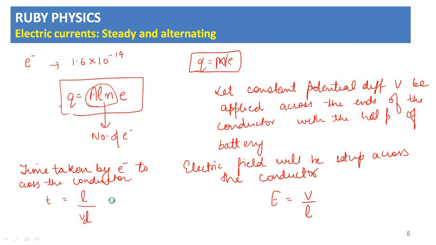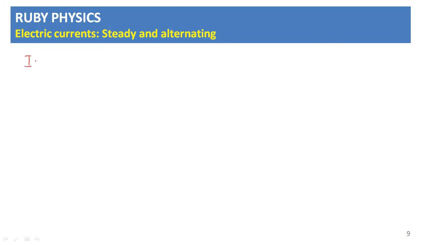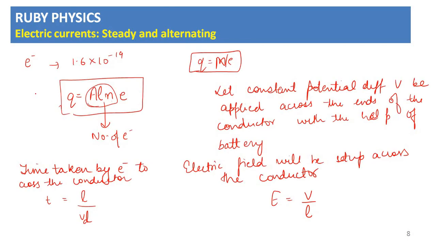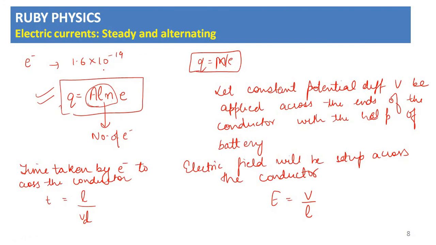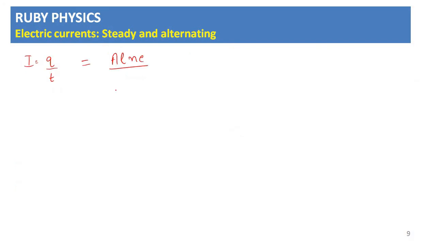And we know that I is equal to Q by t, current is the rate of flow of charge. Q is the charge we have calculated as ALne, so I will put here ALne, and t is equal to L upon Vd.